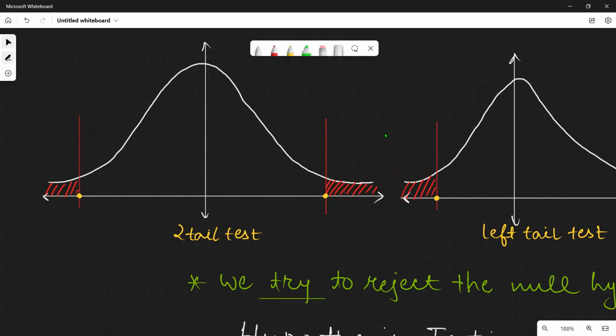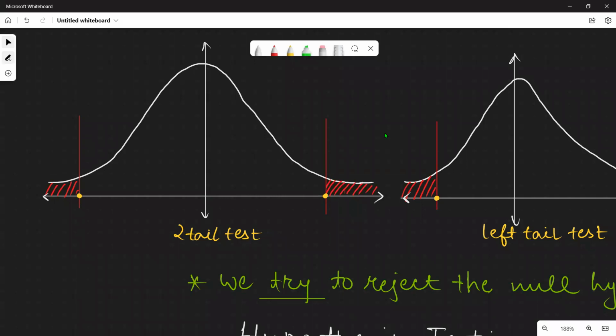For that, we will have to refer to those tables, the Z table, T table and so on. Only then will we be in a state to tell that, for this problem, the rejection region starts from this particular point. That exact value we'll be able to generate from the table.